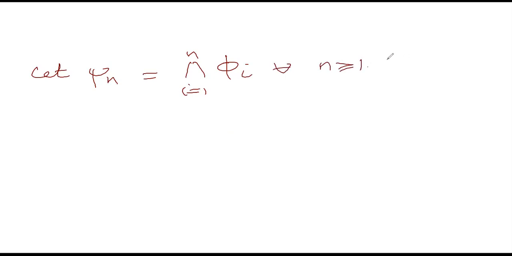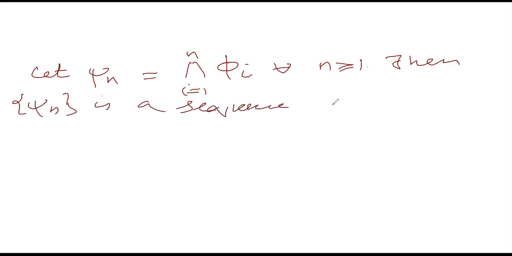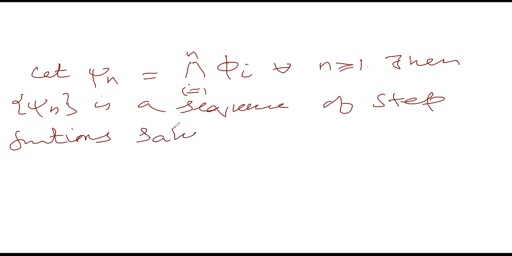Then psi n is a sequence of step functions satisfying 0 less or equal to psi n, obviously less or equal to fn, because it is non-negative, as the phi's are non-negative, so the minimum of non-negative functions is again a non-negative function.